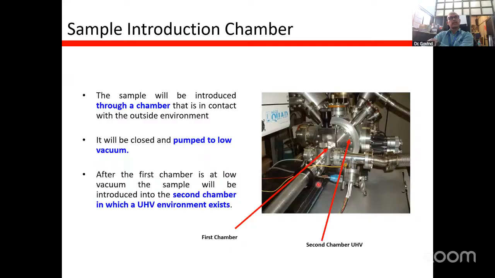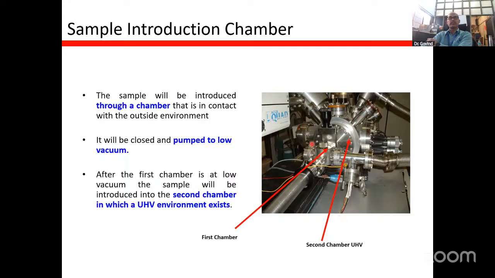Again, a little more focused area. The sample will be introduced through the chamber where it first contacts the outside environment. Here is the first chamber where we can introduce the sample, and there is a second ultra high vacuum chamber. First we insert the sample and let the basic contamination go away, and then we introduce it, because we cannot introduce it directly into ultra high vacuum.